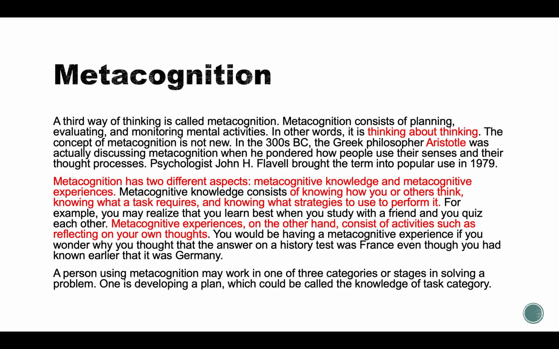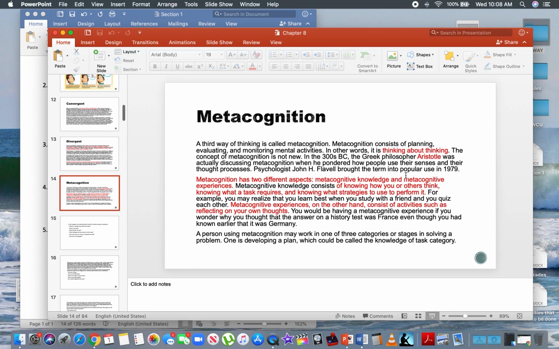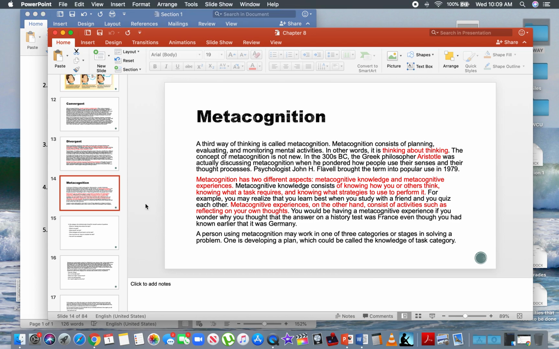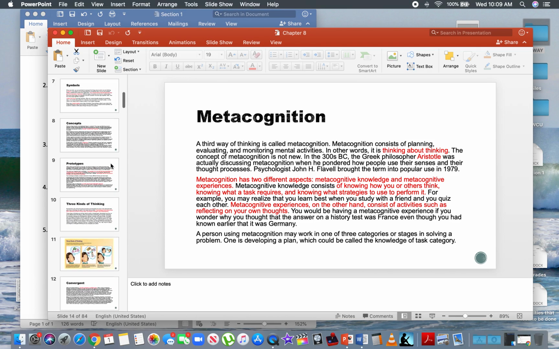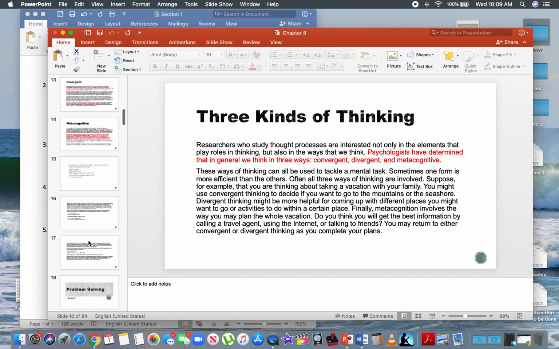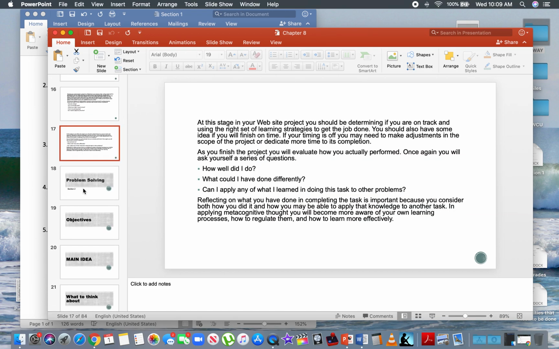Aristotle is a very good example of this, or maybe any philosopher, really. So this concept, metacognition, is thinking about thinking, which is not one of our questions, but it's one of the three kinds of thinking. All right, so that sums up your lesson today.